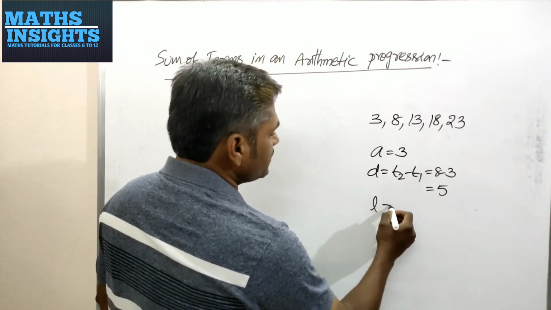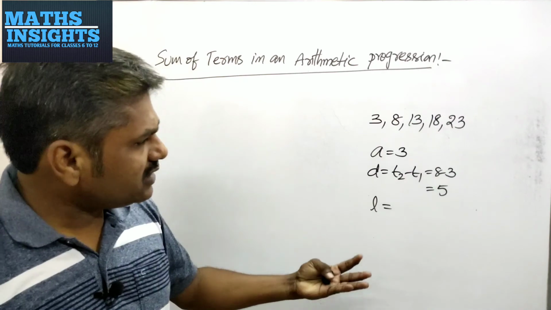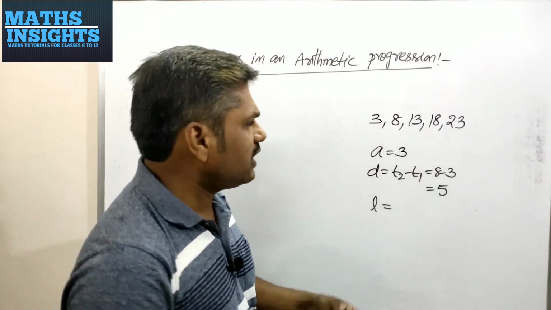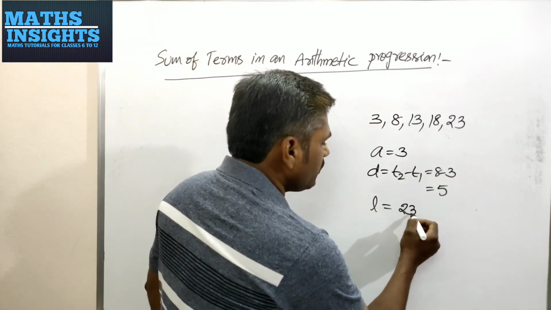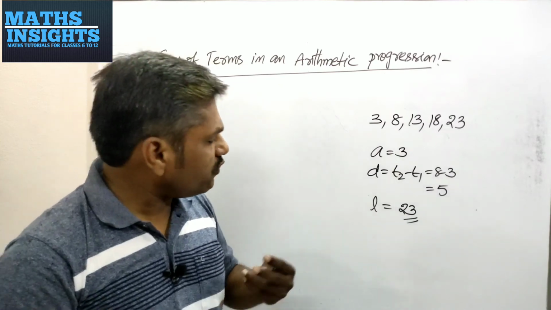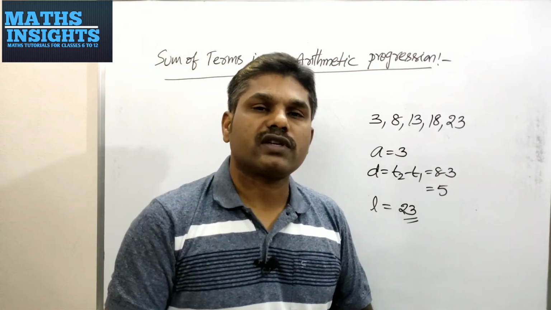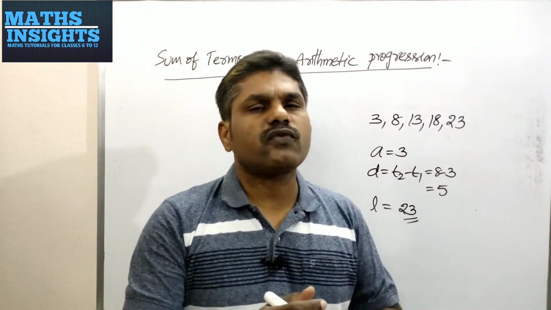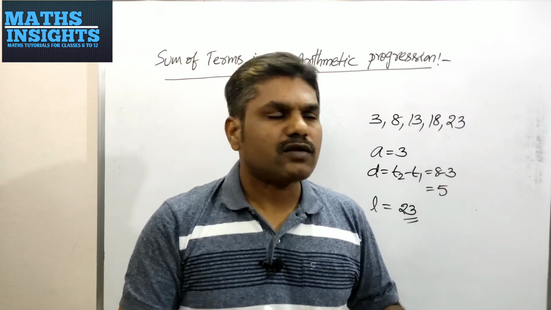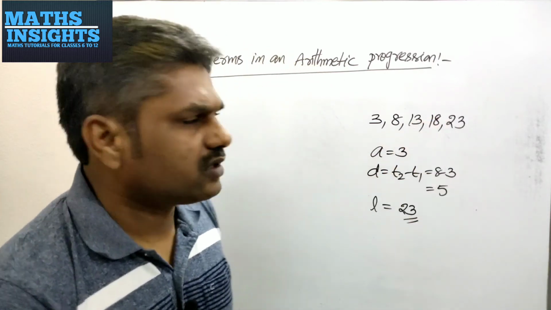And the last term is represented by l, that is 23. If you know the last term of any arithmetic progression, you have another formula for finding the sum of these 5 terms.